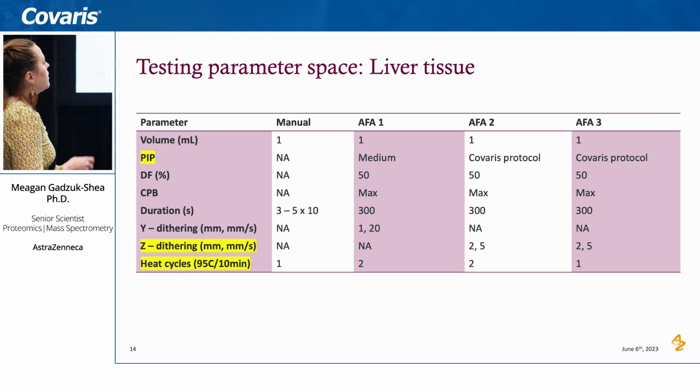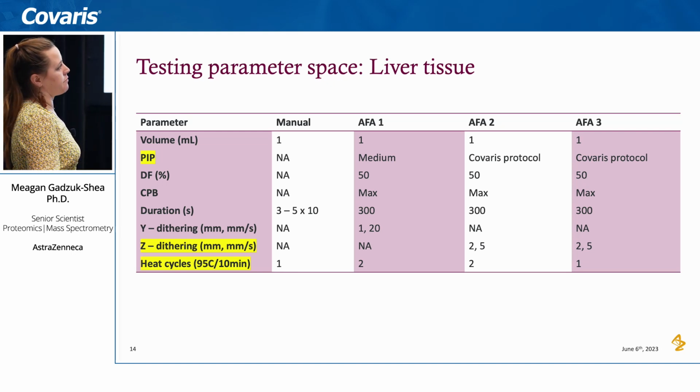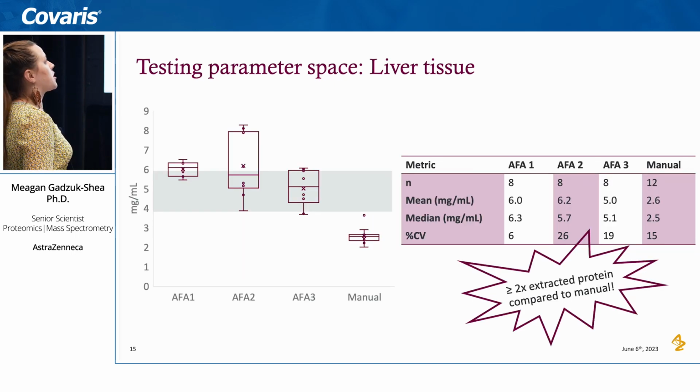Okay, so now that you see these three different methods that we tested, these are the protein extractions. Here I'm showing the same results from the manual, where we're getting about 50% of what we would expect as maximum. But with all three AFA treatments, we're extracting all of the protein that we possibly can.